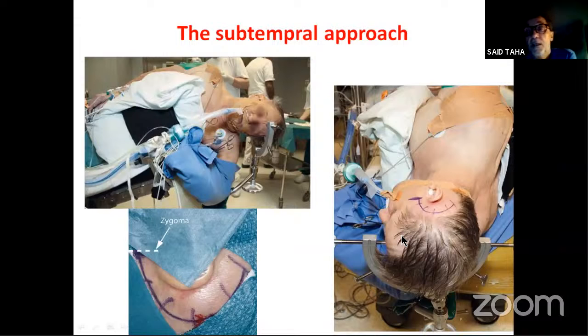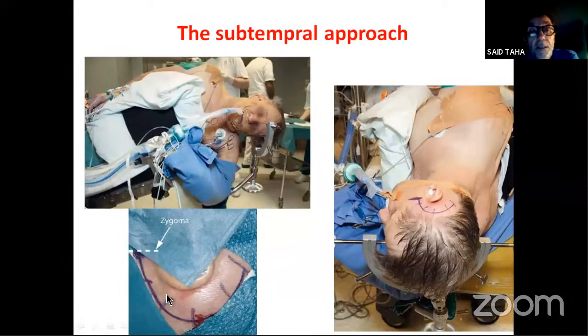This is a park bench, lateral position, and sagittal suture parallel to the floor, and the head is tilted laterally to be more inferior on the base, cranial base.